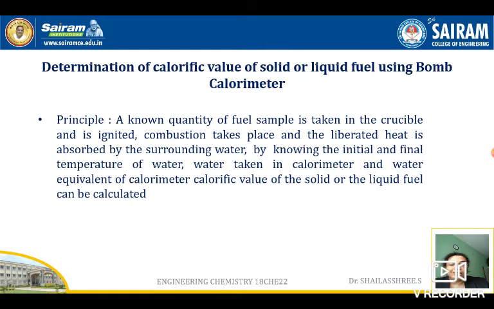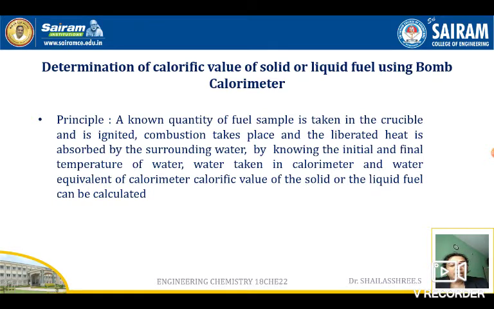So there will be an increase in the temperature of the water. By knowing the difference in the initial and final temperature of the water, the mass of the water taken in the calorimeter, the water equivalent of the calorimeter and the mass of the fuel taken, we can calculate the calorific value. So what is the principle?